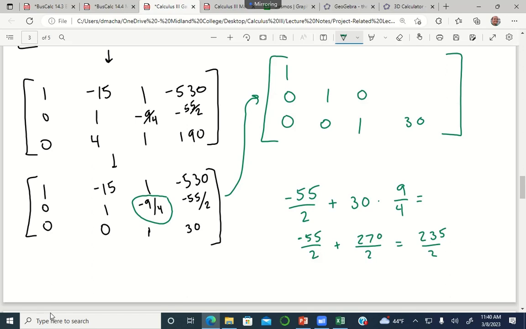It's 215, sorry. Okay. You multiply it by 9 over 4, not 9 over 2. So it'll be 270 over 4, and then 215 over 4. So 270 over 4 is 135 over 2.